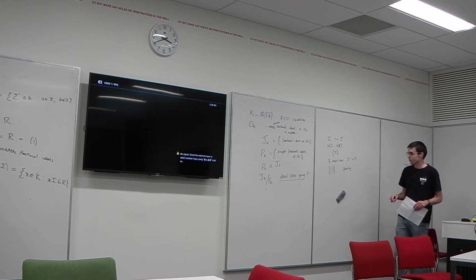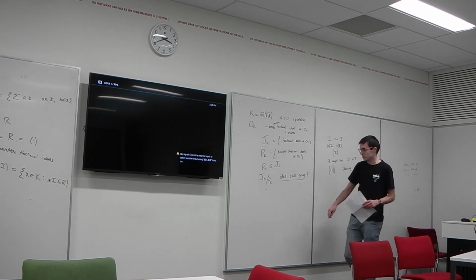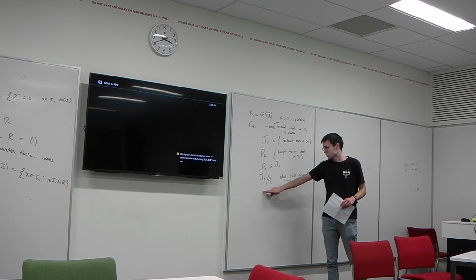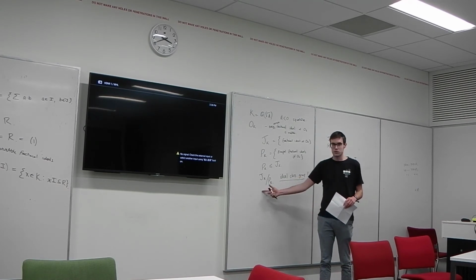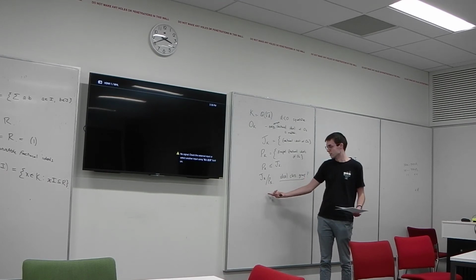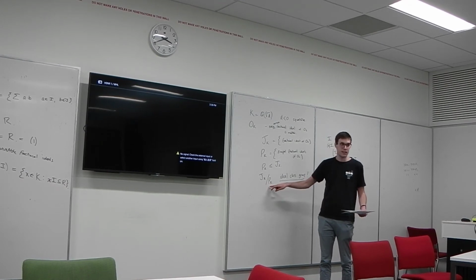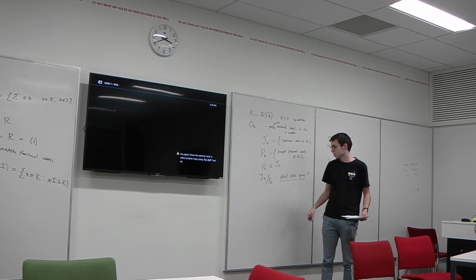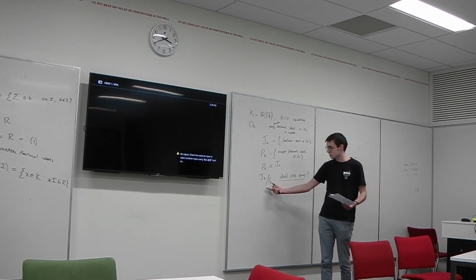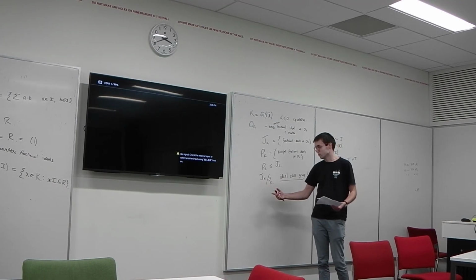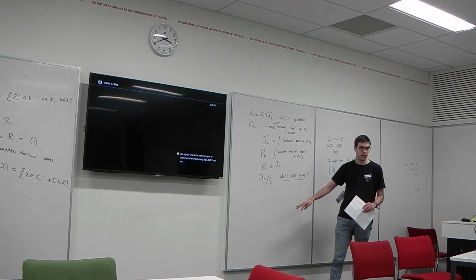And I guess we can think a little bit about what this group actually means. If this group is trivial, what does that mean? That means that every fractional ideal is principal, right? So the size of this ideal class group kind of measures how far away from that case we are.